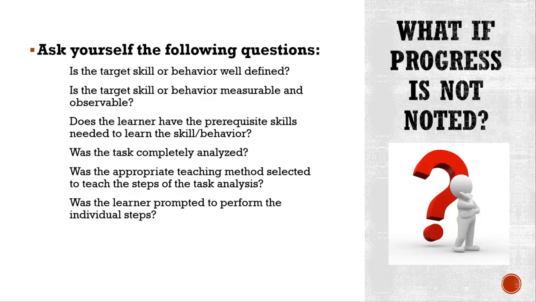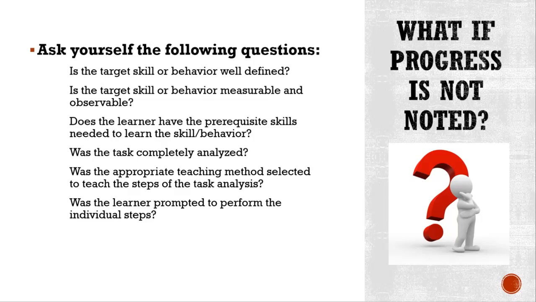And make sure you're asking yourself, does the learner have those prerequisite skills needed to learn the skill or behavior? Was the task completely analyzed? Are you missing a step in there? That's creating confusion for the student.